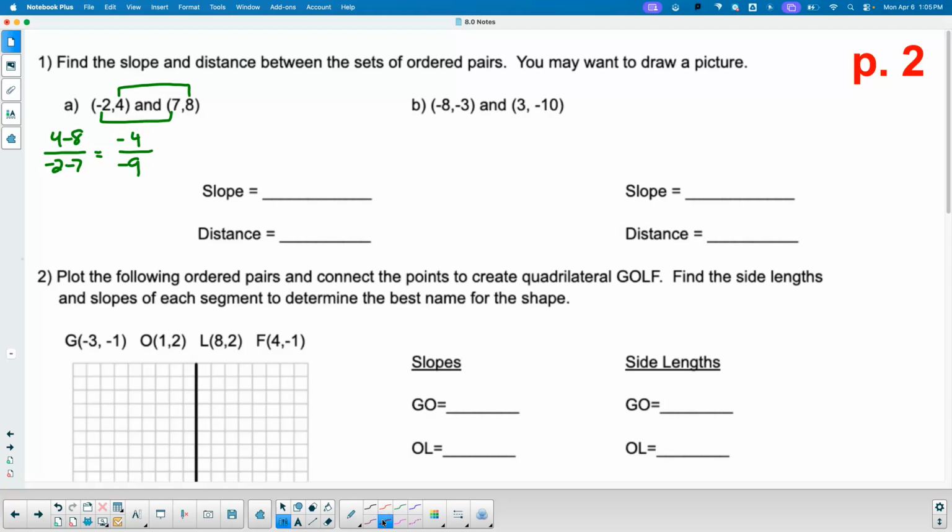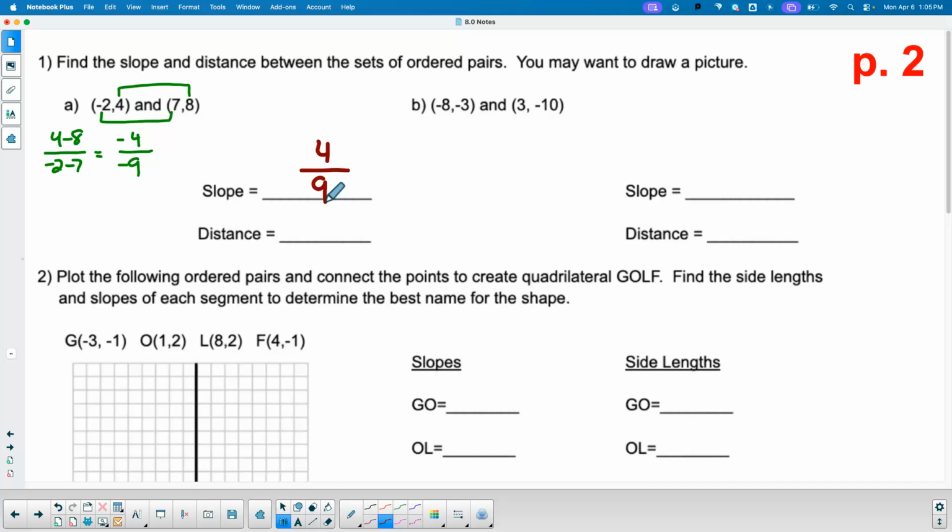What do I like instead then? If I don't like it, give me something that I would like. Positive 4/9. Yep, negative divided by negative is positive, so this would just be 4/9. Would we mark it wrong if you wrote negative 4 over negative 9? Yes, we would. Okay?